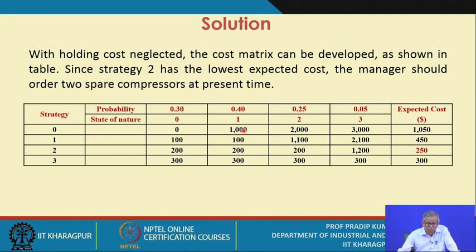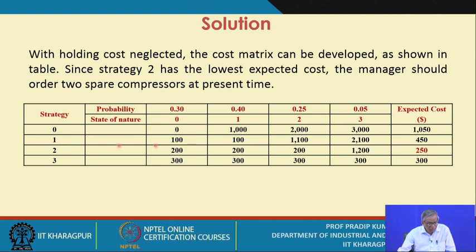And if you do not place any order and there are 2 failures, obviously you need to purchase 2 compressors immediately with a total cost of 2000, and similarly, if there are 3 failures, the total cost is 3000.